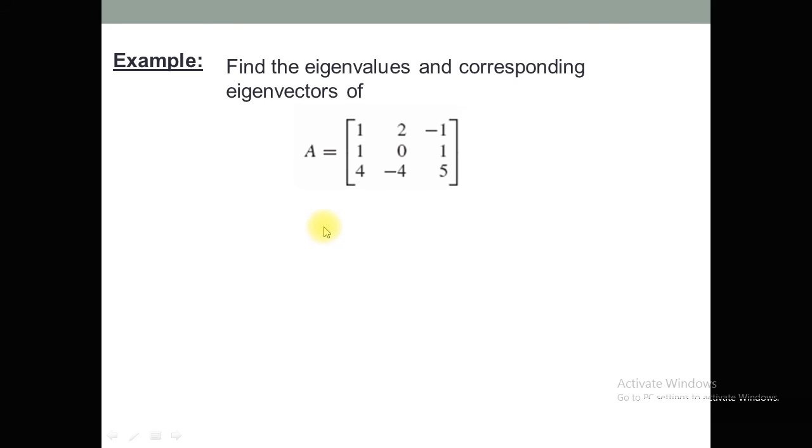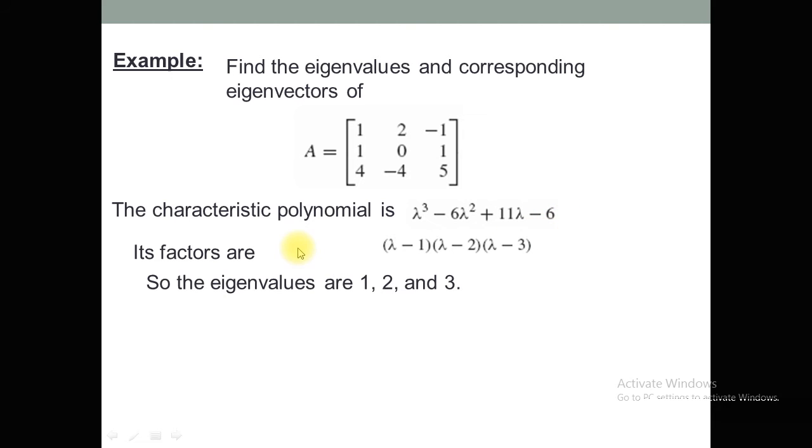Now, another example. You see over here, to find the eigenvalues and corresponding eigenvectors for this matrix: 1, 2, minus 1, 1, 0, 1, 4, minus 4, 5. The characteristic polynomial is lambda cubed minus 6 lambda squared plus 11 lambda minus 6, and its factors are (lambda minus 1)(lambda minus 2)(lambda minus 3).